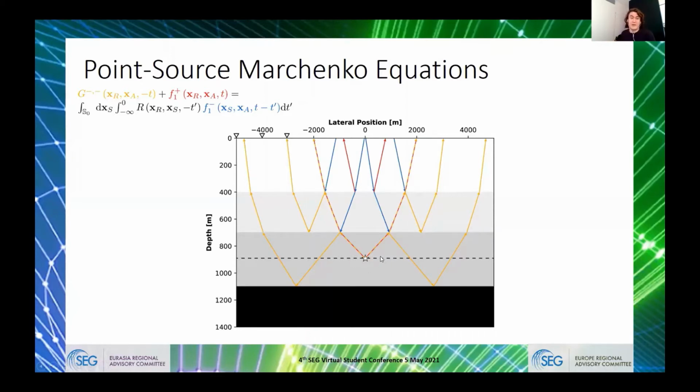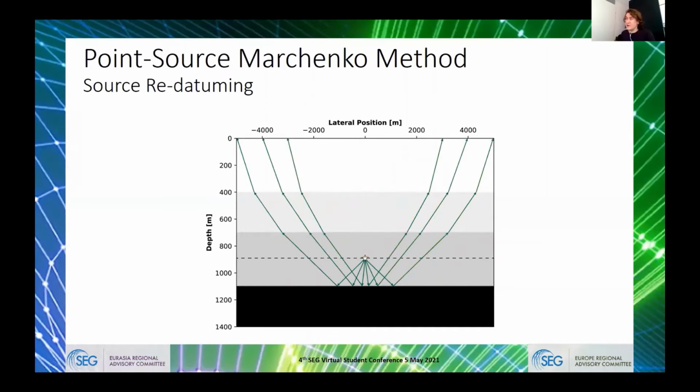And this allows us to redatum your source. So previously we had a source at the surface right here. And now after this process, we actually see that the source has been redatumed to this focal depth, but the receivers are still at the surface.